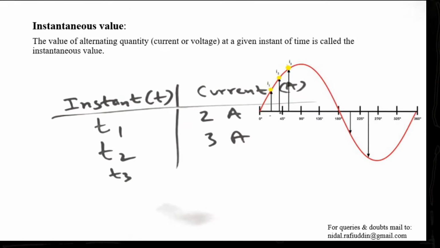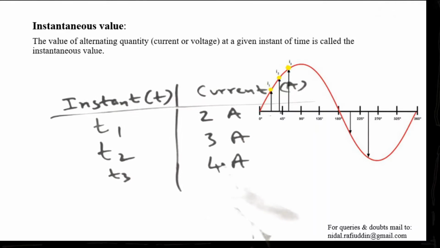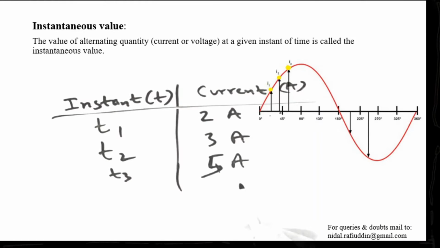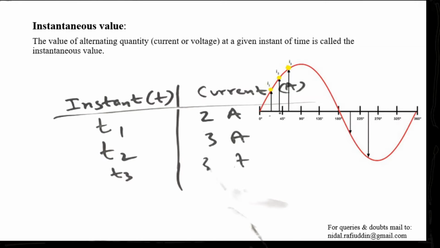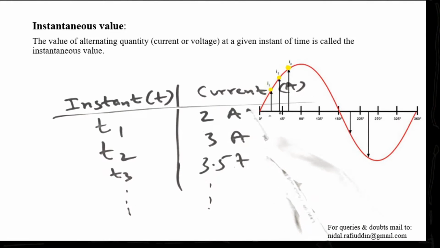For time t3, we have, let's say, 4 ampere, or let's say 5 ampere. Of course, this is a sinusoid wave, so the gap should reduce. And okay, let's say this is 3.5 amperes, and so on. We will be having different values of current at different instants of time. So these current values are nothing but the instantaneous current values of the given waveform.